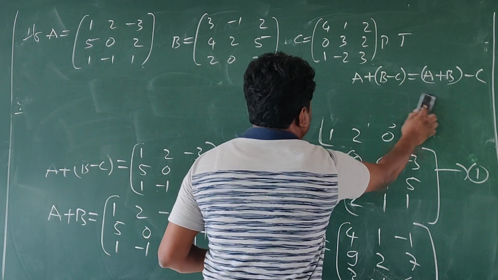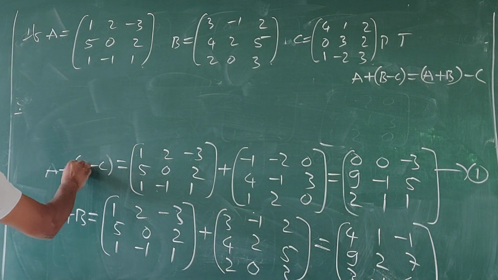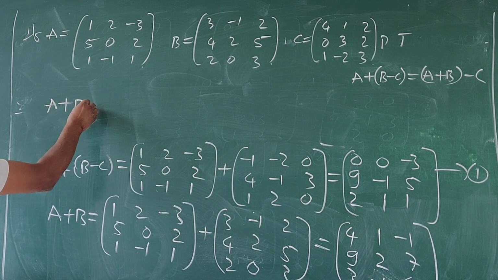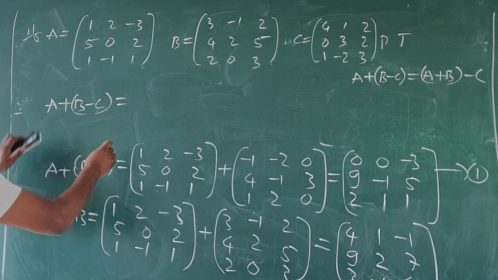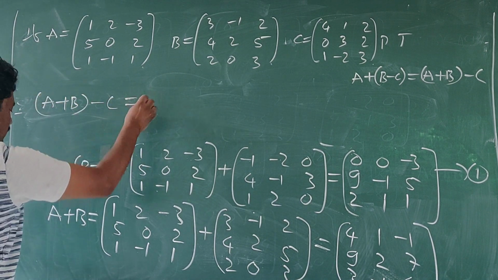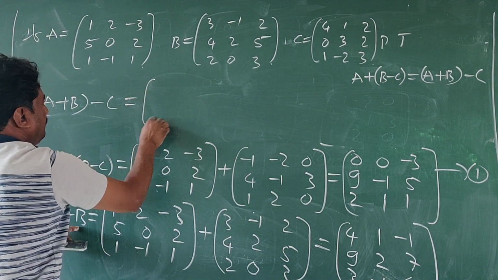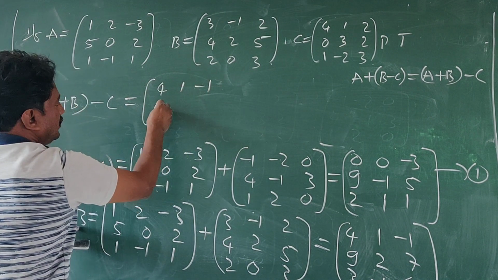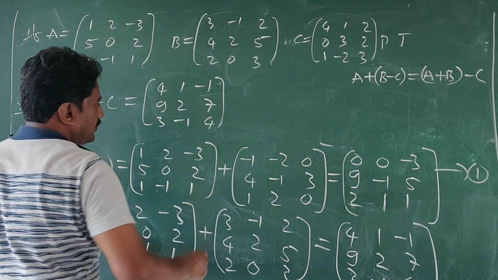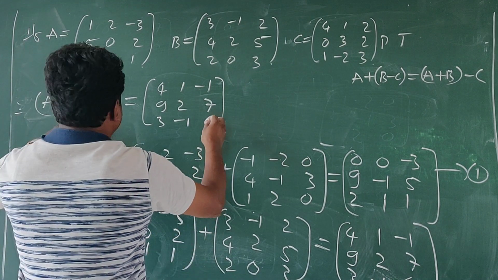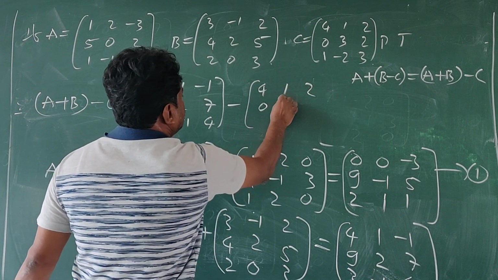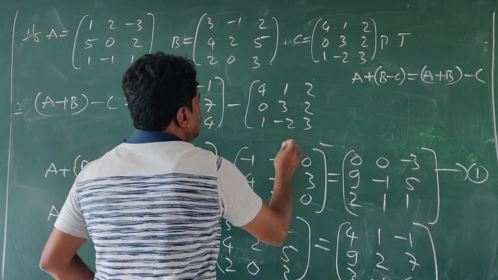(A + B) - C. Substitute for A + B, which is [4, 1, -1; 9, 2, 7; 3, -1, 4], minus C, [4, 1, 2; 0, 3, 2; 1, -2, 3].